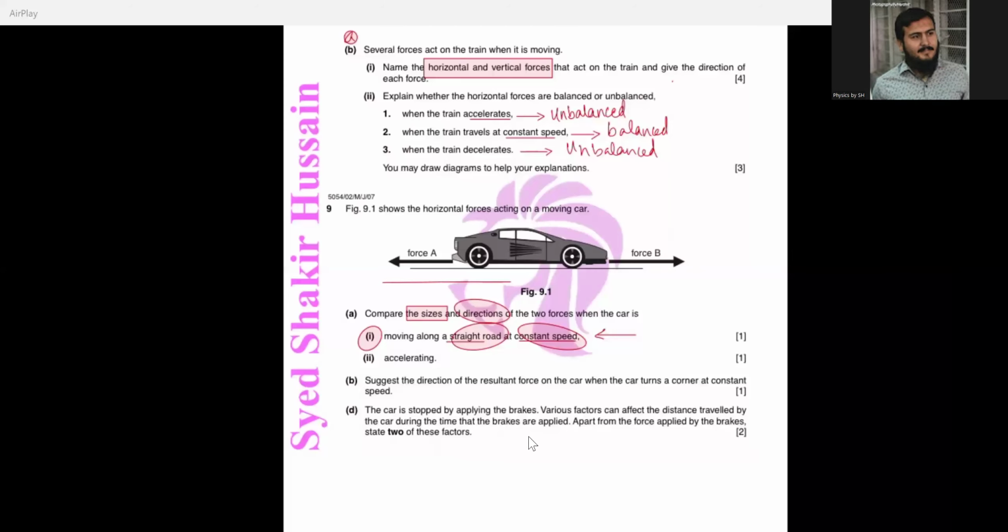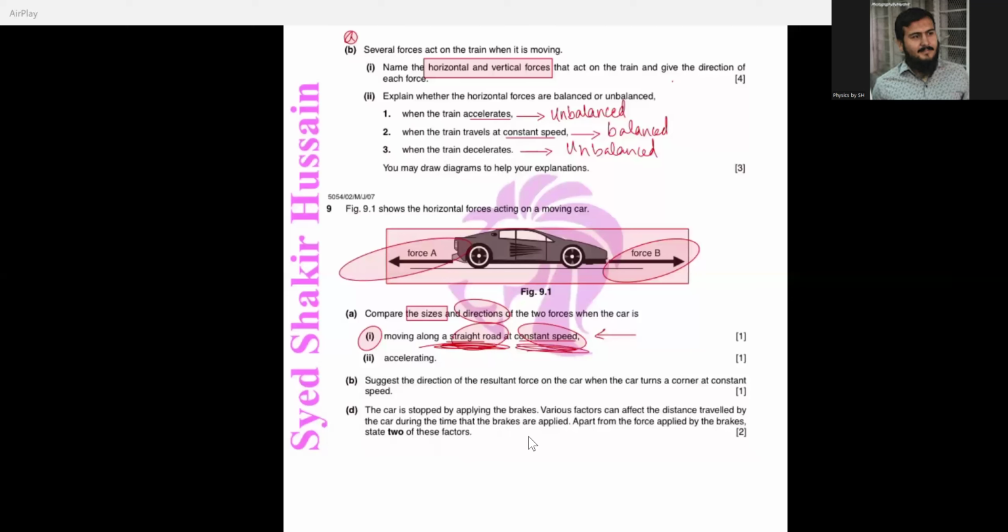This is Figure 9.1. This figure shows the two forces acting on a moving car. You need to compare the value of force A, force B, and their direction when the car is moving along a straight road at a constant speed.